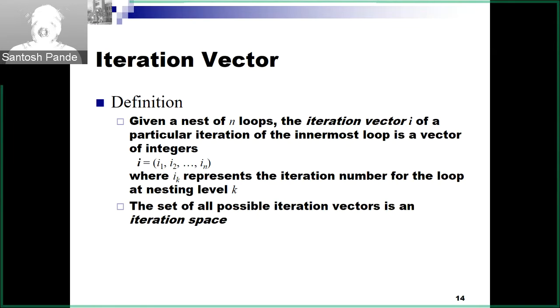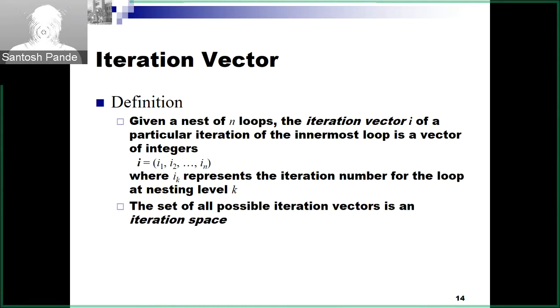And what we have here is the iteration vector. I1 corresponds to a particular iteration of the outermost loop. I2 corresponds to the particular iteration of an inner loop, the second loop, and IN is the innermost loop's specific iteration. So if you take the specific iterations and form a vector out of those, that's your iteration vector. And we designate it here by I.